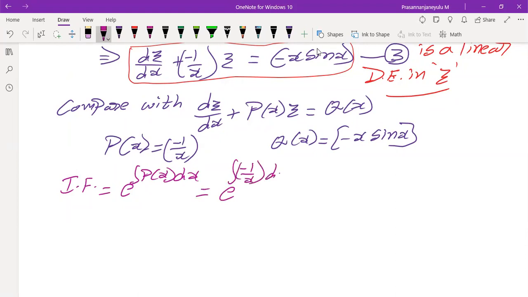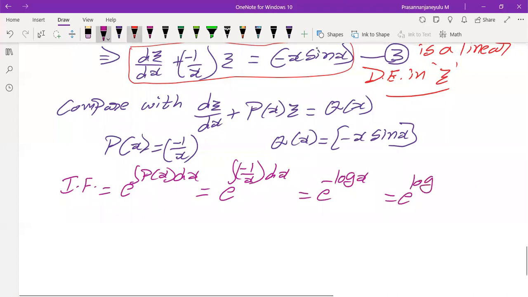We'll get e power minus integration of 1 by x into dx, which is log x, equals exponential of log of x power minus 1. Exponential and logarithmic functions are inverse operators, so we'll get x power minus 1.